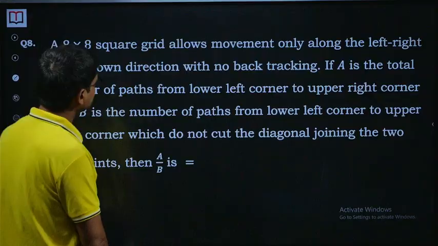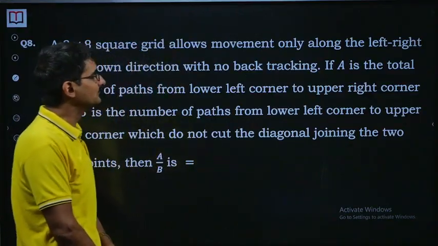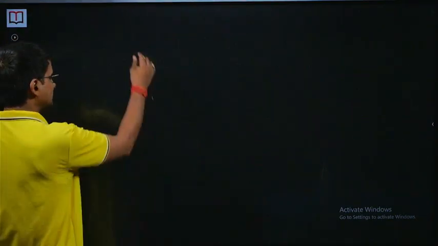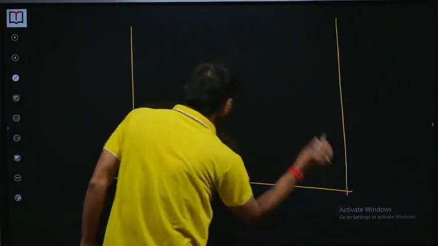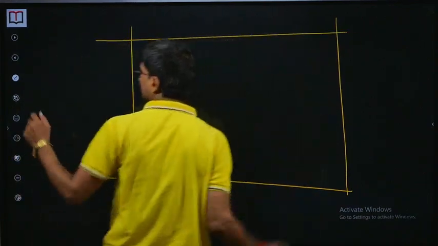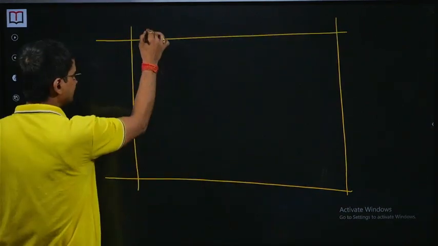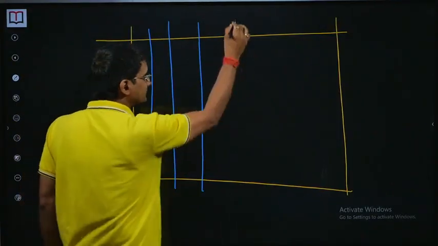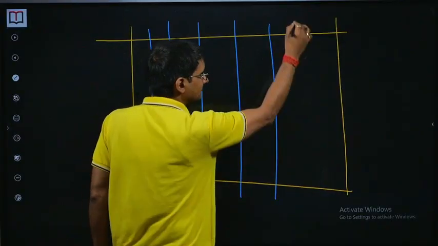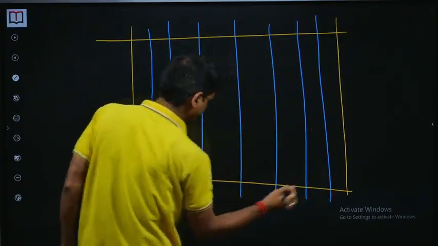An 8 cross 8 square grid allows movement only along the left-right. So the question is something like this. This may need some patience here.